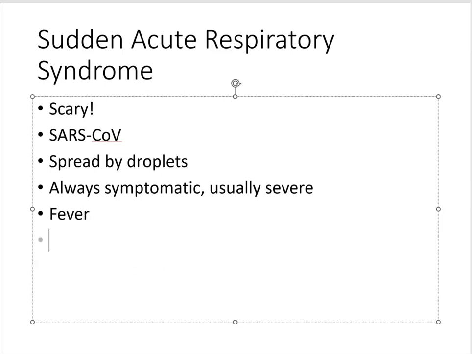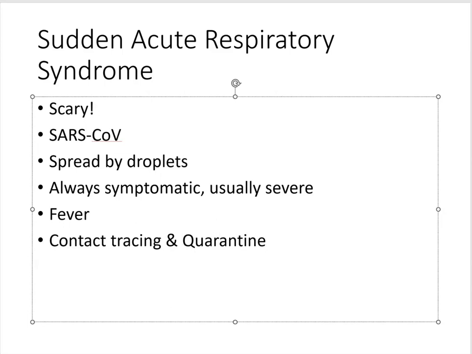That meant that when this was really spreading around East Asia, very quickly governments installed temperature sensors at airports, so anyone with a fever would be prevented from getting on a plane. This spread fairly slowly, and anyone who had it was obviously sick, which meant that contact tracing and quarantine is what ended the outbreak of SARS.